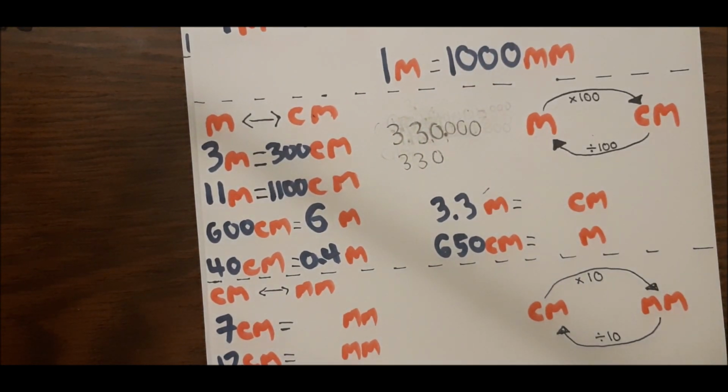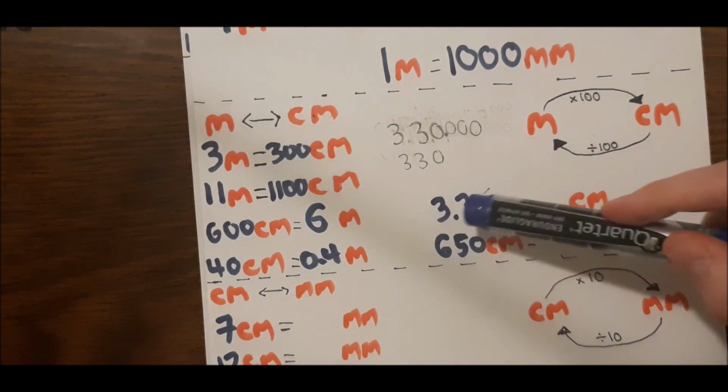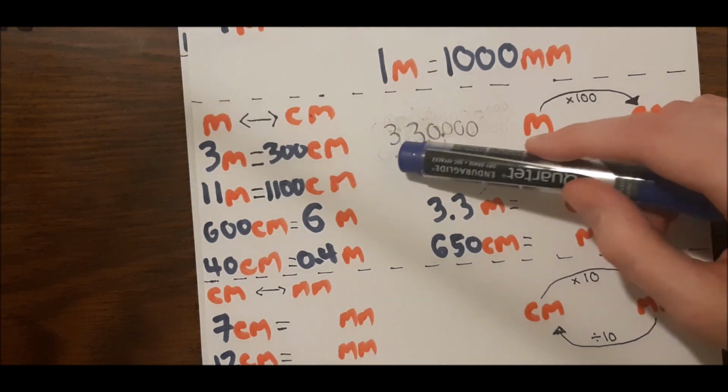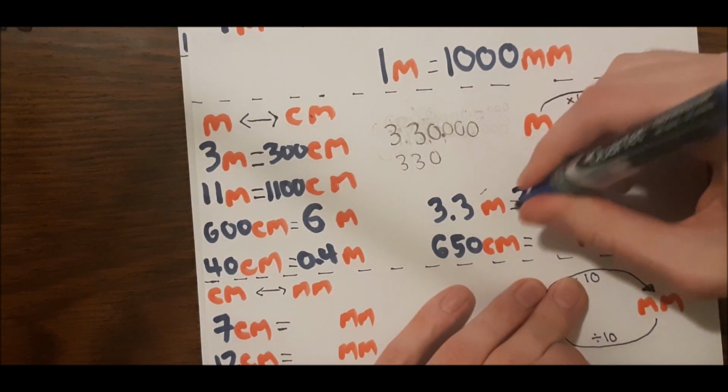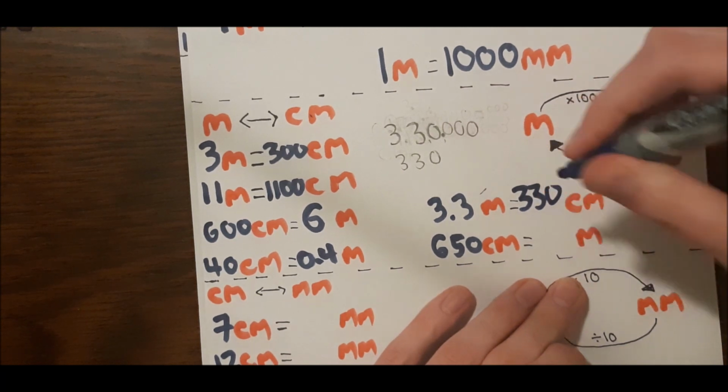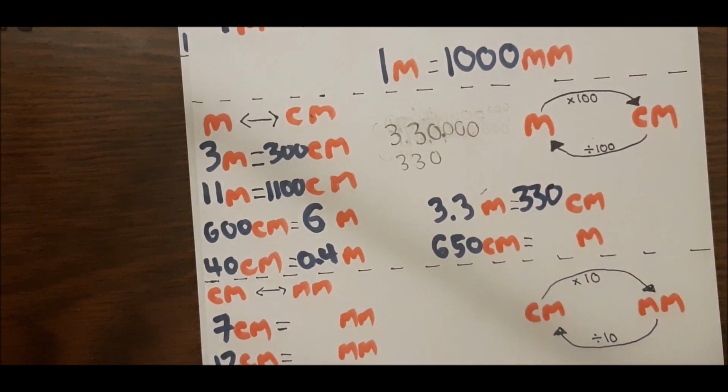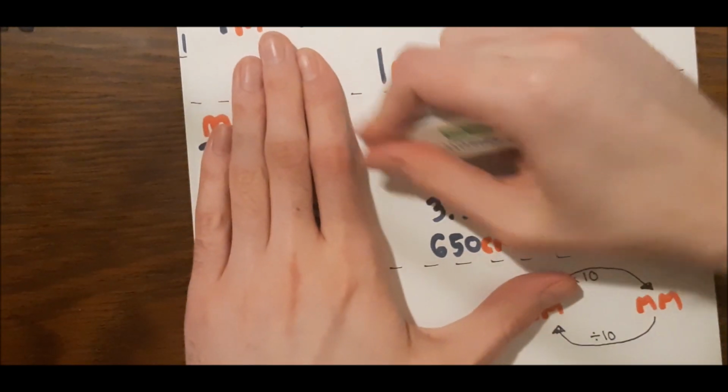All right? Easy peasy lemon squeezy. So that tells us that 3.3 meters is the same as 330 centimeters. All right, guys. One more example, and then we're done with meters and centimeters.